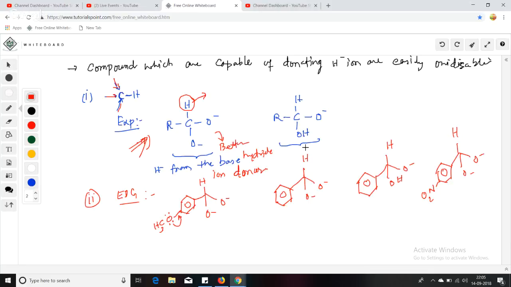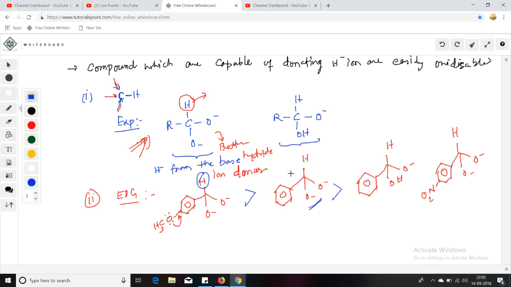Now if you compare the tendency to release hydride ion, since it is an electron donating group, the electron releasing tendency to donate hydride ion is maximum over here. So this has more tendency to donate hydride ion than this one, because in this we do not have any electron donating group present in the ring. Both have dianions present, so obviously this one will be more because everything else is the same.